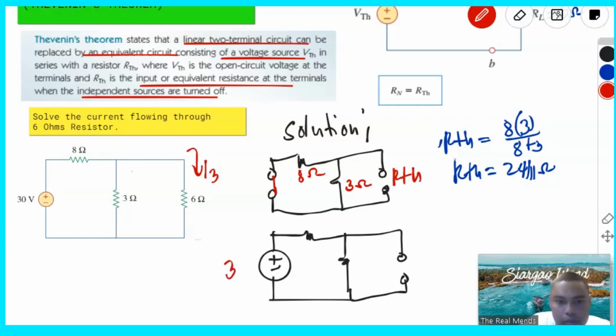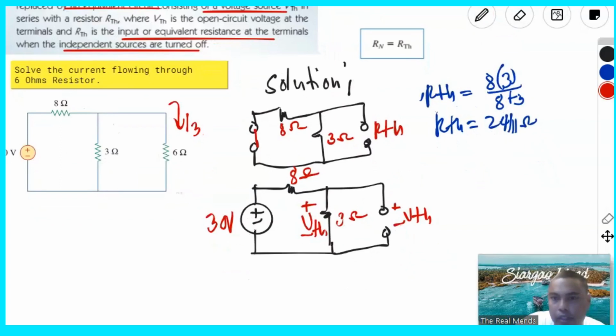We have 30 volts, and then this is 8 ohms. This is 3 ohms, and then this is now the value for VTH. So nagiging open circuit siya. So whatever the value of this voltage for 3 ohms, that will be our value for VTH because nakaparallel ang kanyang connection.